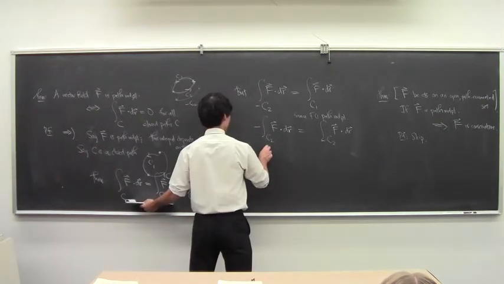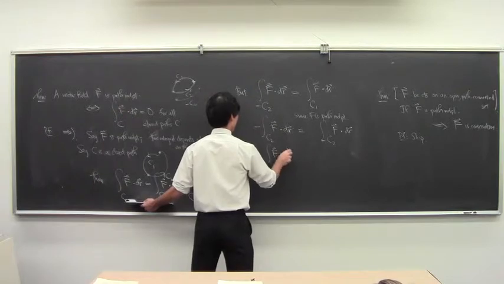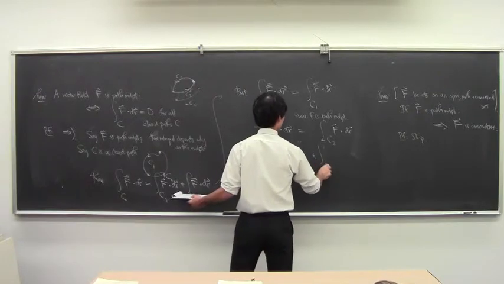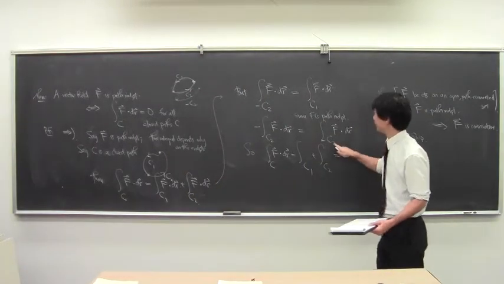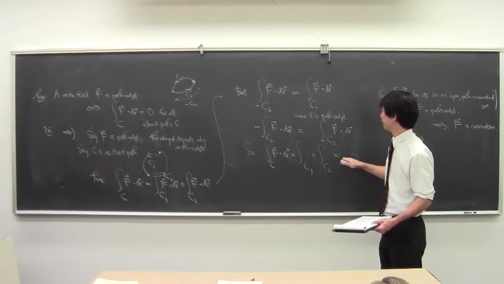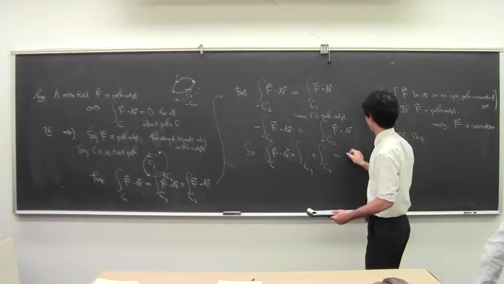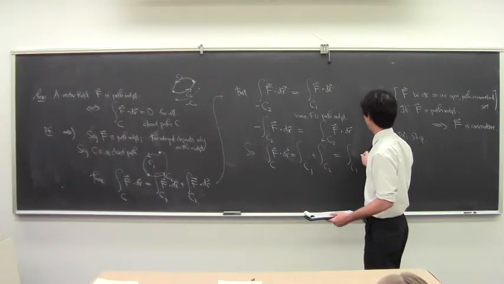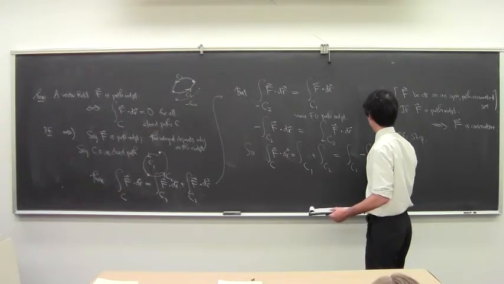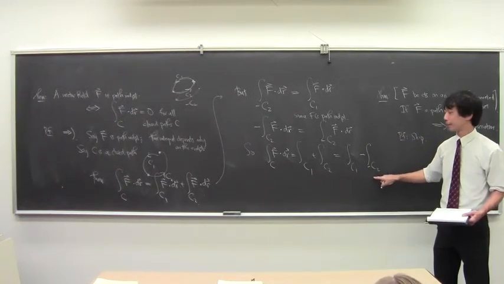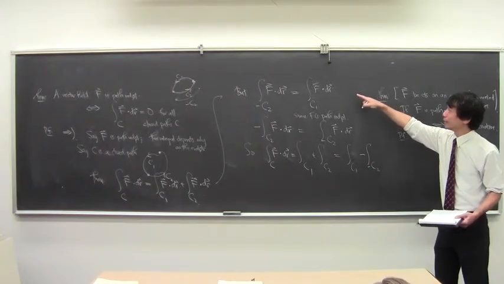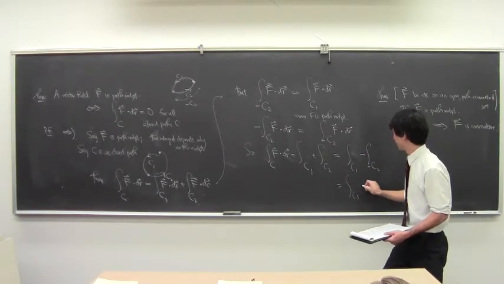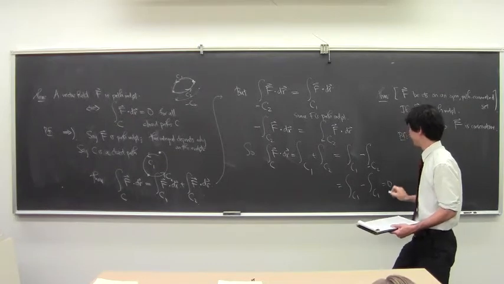Going back to here, the integral of f dr is the integral over C1 plus the integral over C2. But the integral over C2 is negative the integral over negative C2, and the integral over negative C2 was the integral over C1. And so we get 0.